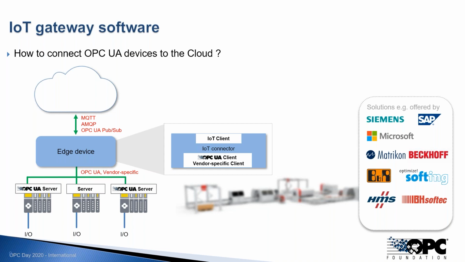It's more the classical approach to have something like a SCADA or MES system as an OPC UA client connecting to the different machines. If we're talking about cloud, then we normally use mappings like MQTT mappings or OPC UA PubSub to actually provide the data to the cloud system.